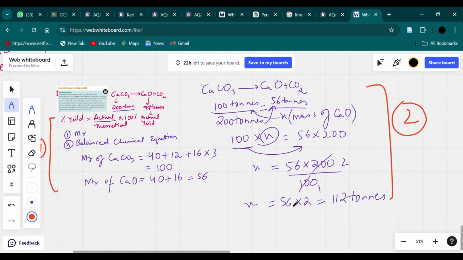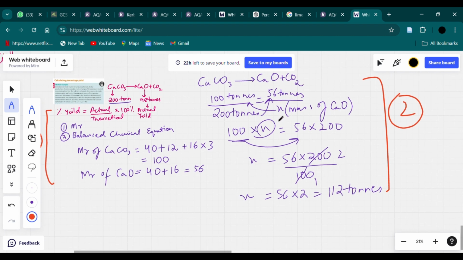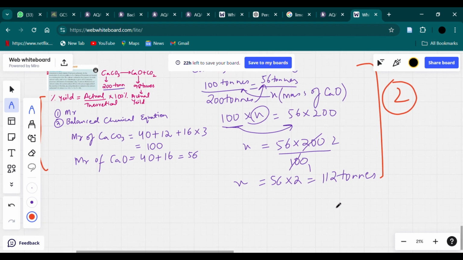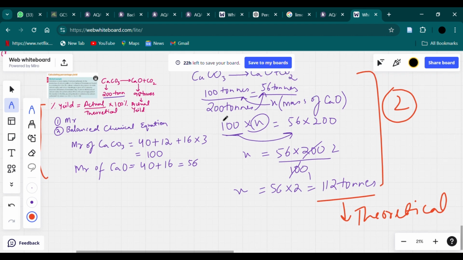So here you just take the ratios and do the cross multiplication, and you will have the answer of the x as 112 tons. So this 112 tons is the theoretical yield that we have found out from the balanced chemical equation and the formula masses, and by taking the ratios here.